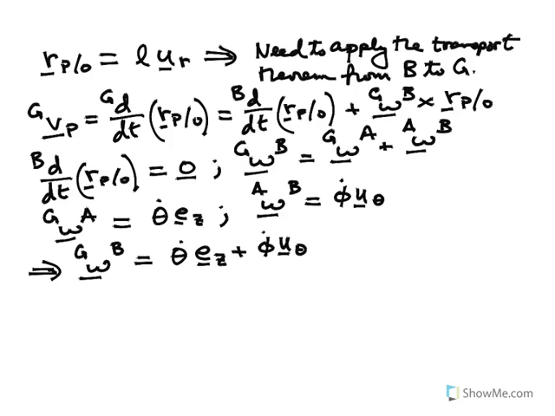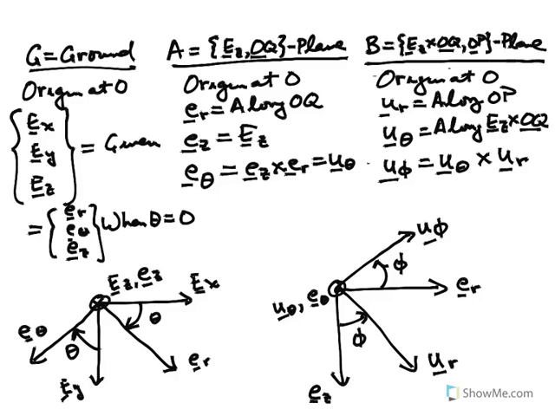But the important thing we need to do here is get this all in terms of coordinates fixed in frame B. So if we actually look at this diagram, from this we can see that EZ is equal to cosine of phi times UR, and then this direction is minus U sub phi.